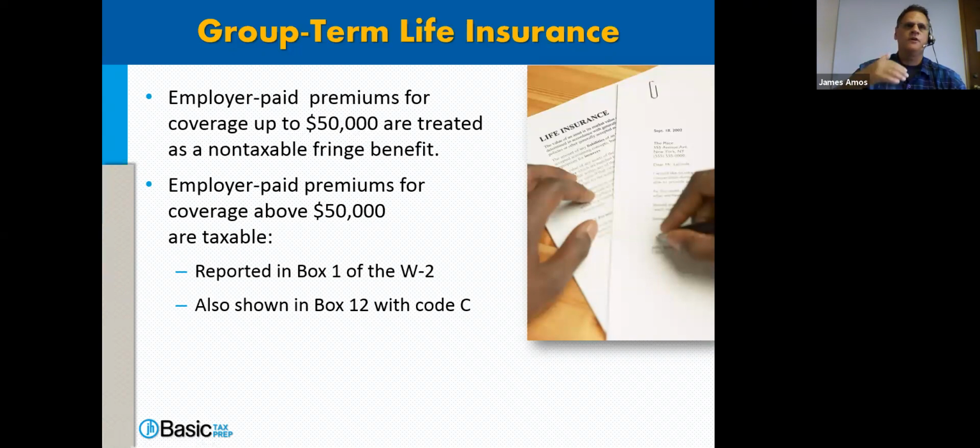The first $25 for the first $50,000 of coverage is not taxable to you, but any amount above that they're paying is taxable. And that is going to be put right into your W-2 as if it were earned wages. It will also be reported in box 12 with code C, and that'll show group term life insurance that's getting paid. Does that make sense, those limitations?